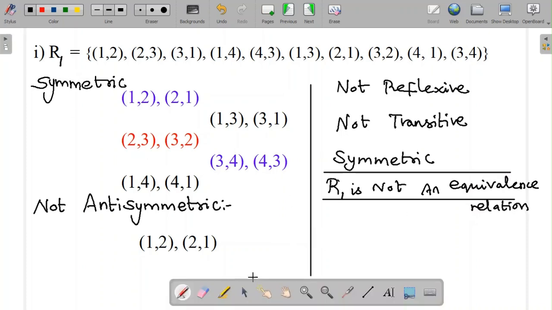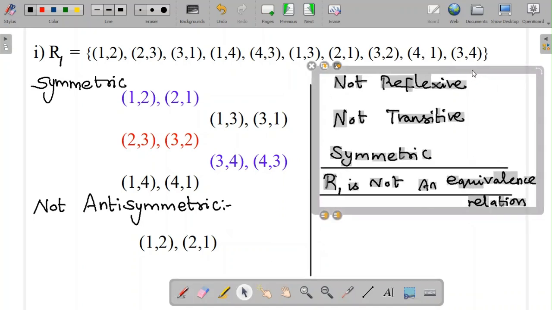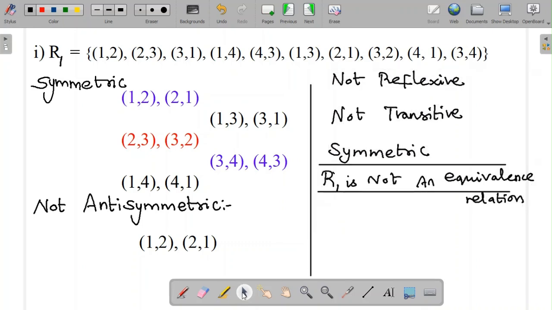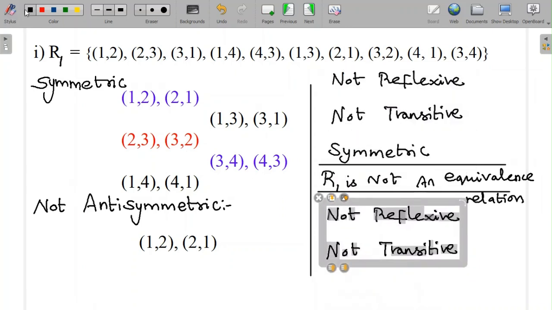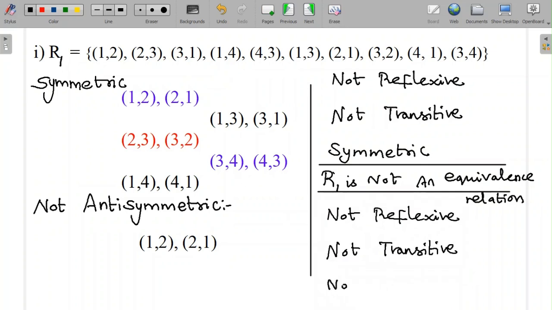And let's also examine the case where R1 may be a partial order. Partial order again demands three conditions. It has to be reflexive, it has to be transitive, it has to be antisymmetric. We see that it meets none of the three conditions required for being called a partial order.